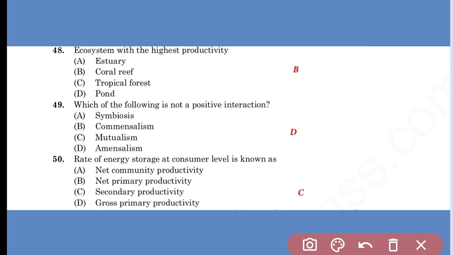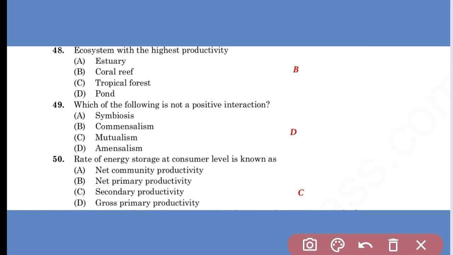The next question: the rate of energy storage at consumer level is known as. Productivity refers to the rate of generation of biomass in an ecosystem. Secondary productivity means the production of organic matter by a consumer.